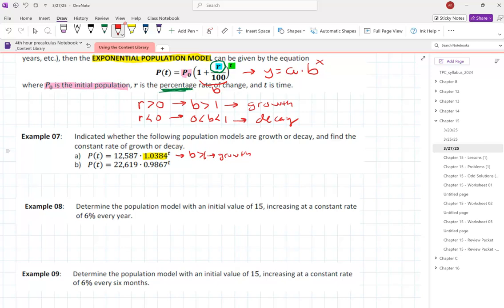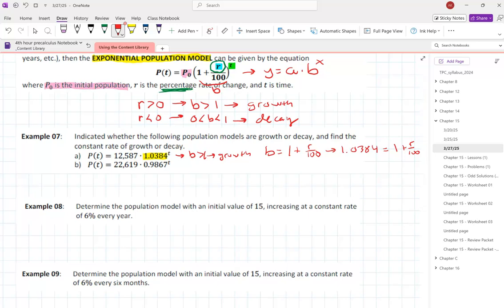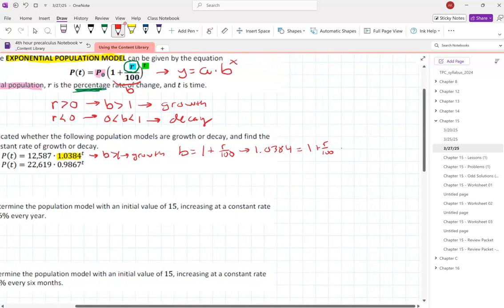And to solve for R, well, I know that our B has to equal 1 plus R over 100. So 3.084 equals 1 plus R over 100. So to solve that equation now for R, what would we do?